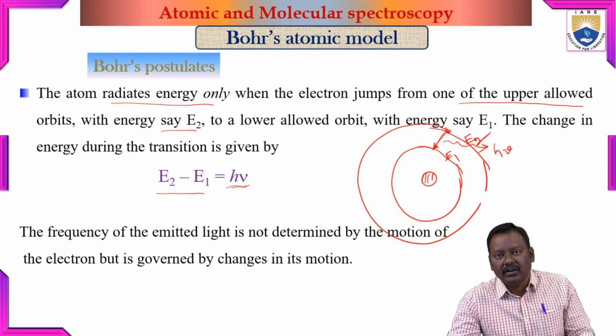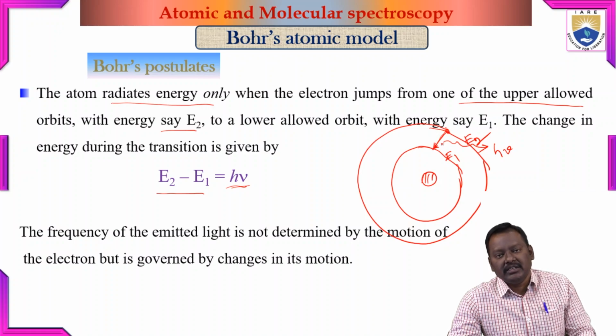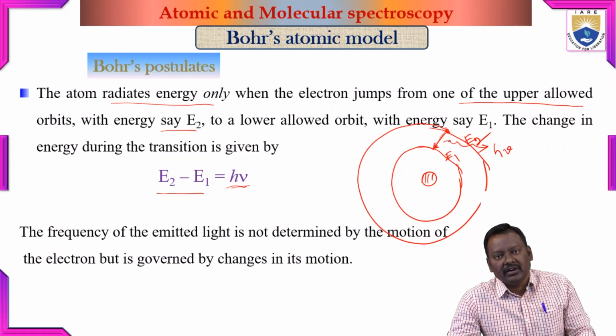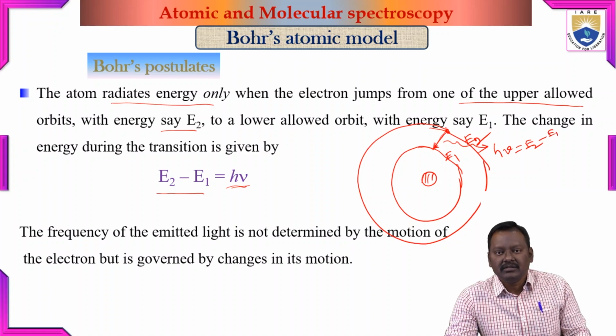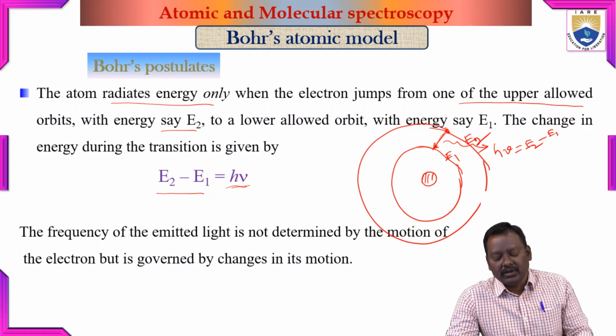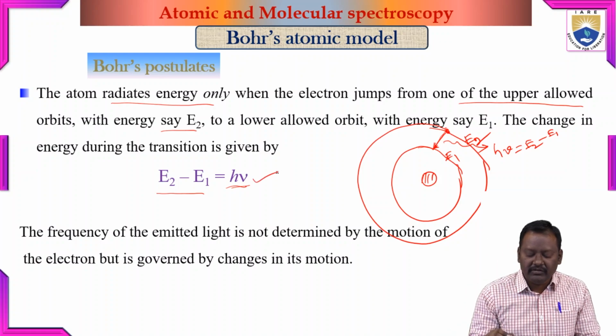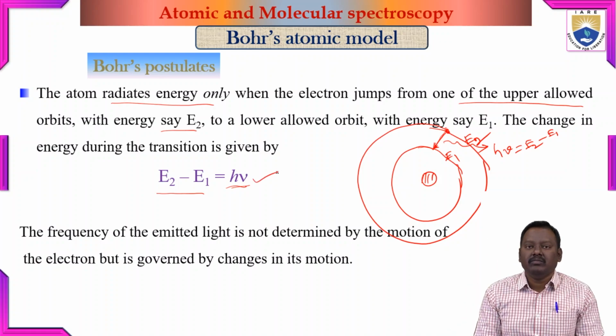E2 is the energy of the second orbit and E1 is the energy of the first orbit. When the electron is jumping from E2 to E1, the radiation emitted must be equal to the energy difference between the two orbits. So it is given by Bohr.